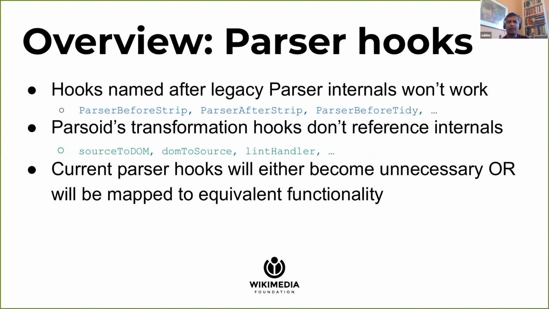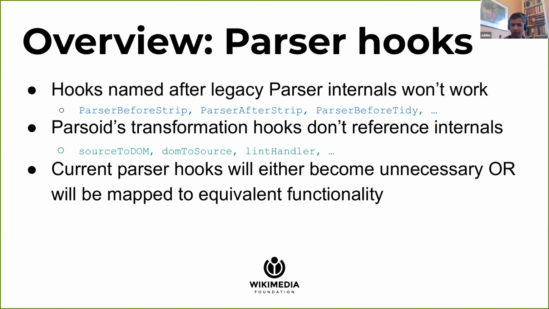So parser hooks: any parser hook that is named after legacy parser internals will not work in Parsoid. So parser before strip, parser after strip, parser before tidy, after tidy, and so on will not work directly. We probably will be developing mappings and figuring out what the equivalent functionality is. All of the transformations in Parsoid are transformation hooks.